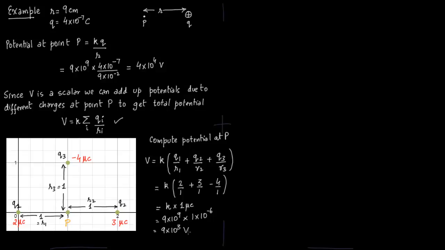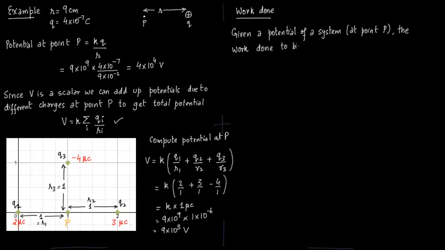Now we want to talk about work done, that is, work done in moving a charge into a system where there is an existing electric potential. So let us write this down. Say you are given a system which has a potential, and say we are talking about a particular point P, just like in our example.